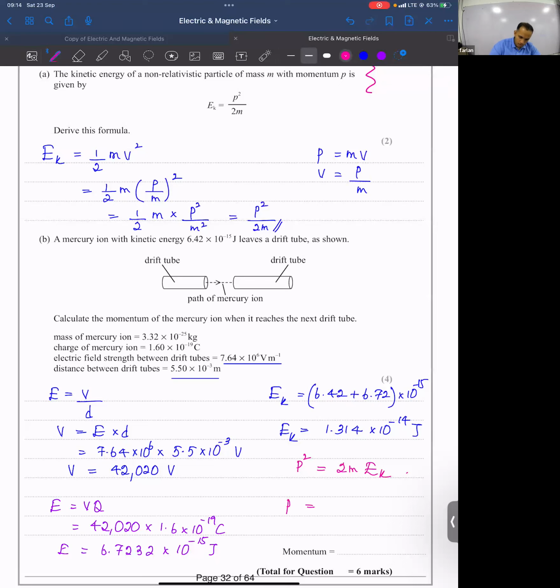That gives you p square, and get the square root of that. I'm getting 9.34 into 10 to the power minus 20 newton seconds.